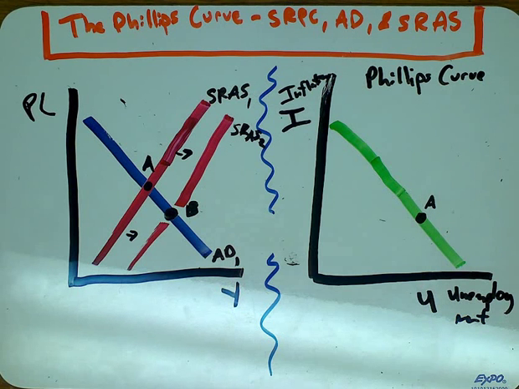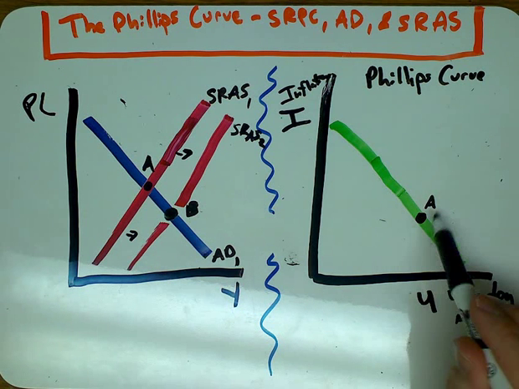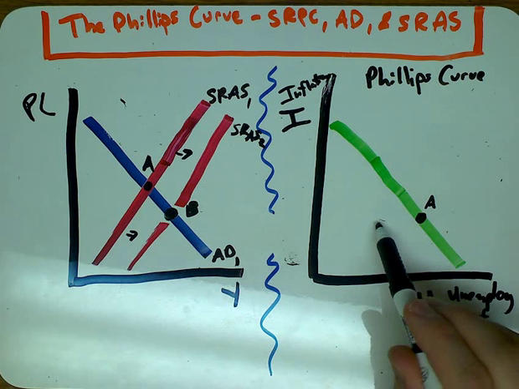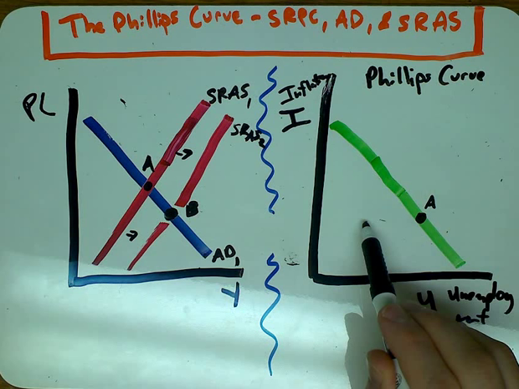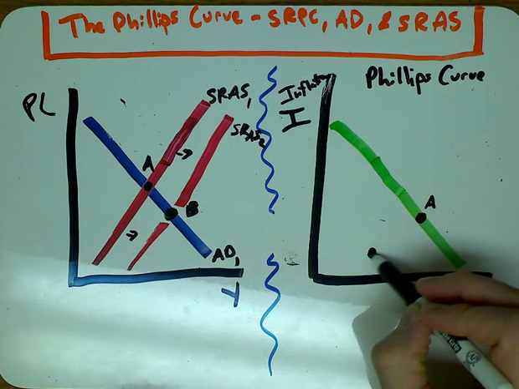We see a decrease in the overall price level and an increase in output, which means that if we move from point A, output goes up, which means unemployment goes down. So unemployment is going to shift, like we're going to move point A, it's going to go left, we know that. But price level also went down, so it's actually going to go down this way as well. So I'm not going to match the curve. I'm going to be somewhere like here.